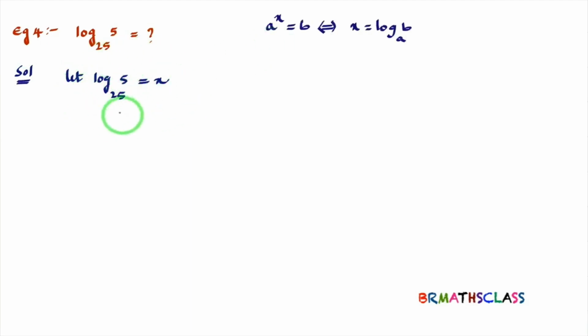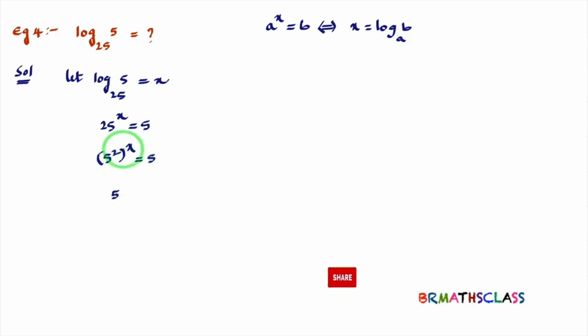So this can be written as 25 power x equal to 5. How can you write like this? As per the definition. Here 25 can be written as 5 square, whole power x equal to 5. It is of the form a power m whole power n, that is nothing but a power mn.